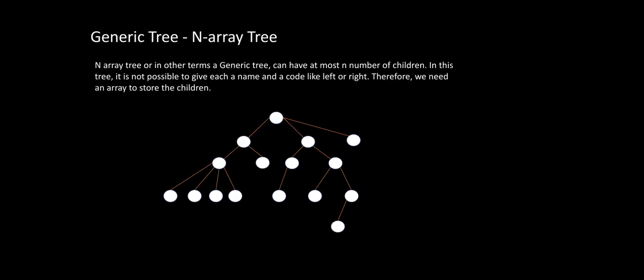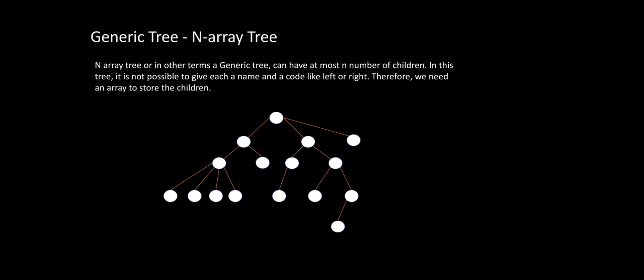Next, we have the generic tree, the N-ary tree. An N-ary tree, or in other terms, a generic tree, can have at most n number of children, and the n must not be a negative number. It must be 0 or greater than 0. In this tree, it is not possible to give each node a name, for example, left node, right node.